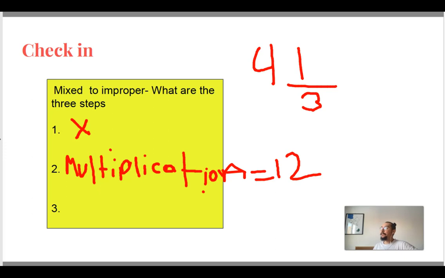You add that, so you add 12 to 1, right? Correct? So, in other words, this mixed fraction became an improper fraction. Again, the bottom number, the denominator, stays the same, and this one is 13.